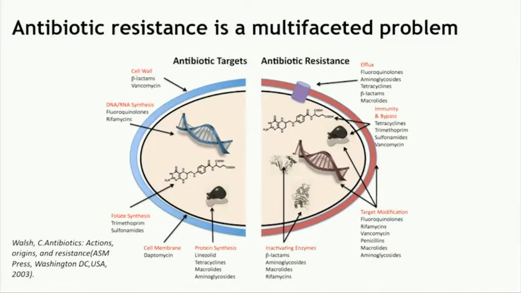But at the same time, these bugs are working against us, so they're evolving mechanisms to keep our drugs from working. So they have efflux pumps for antibiotics, for example. That's something I'm going to talk about at the end of my talk. As we add antibiotics to a culture of bugs, there's a subset of bacteria in that system that are very rapidly upregulating genes that cause efflux pumps to be expressed, and they're pumping out the antibiotics as quickly as we're trying to deliver them.